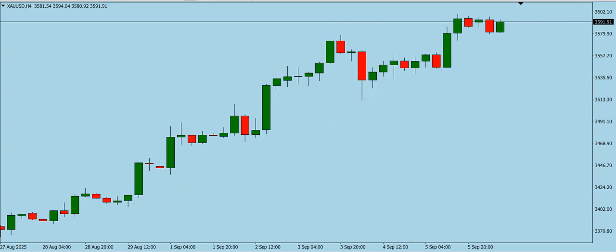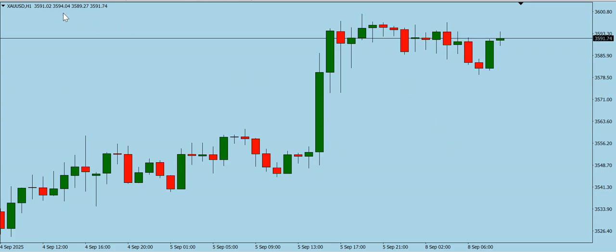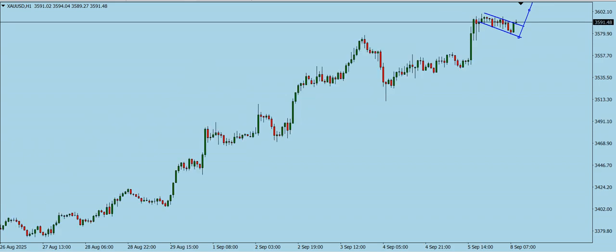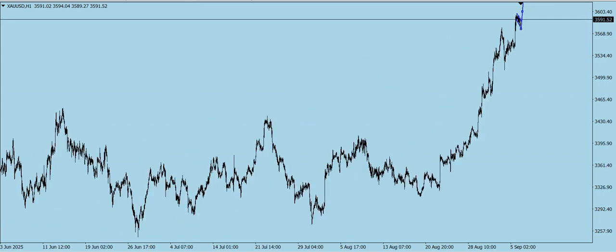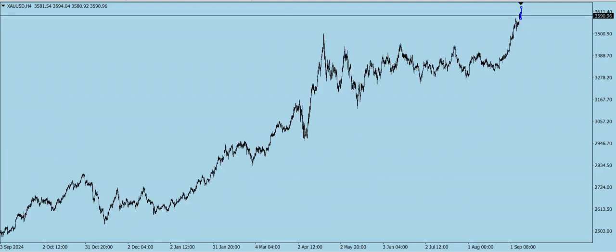On the 1-hour time frame, what do we have for gold? We have this particular dip of gold, more like a flag pattern, and price has just broken the flag. So we might see price continue upwards in this direction, and in line with the flag pattern, I expect price to get as high as 3620 or thereabouts.